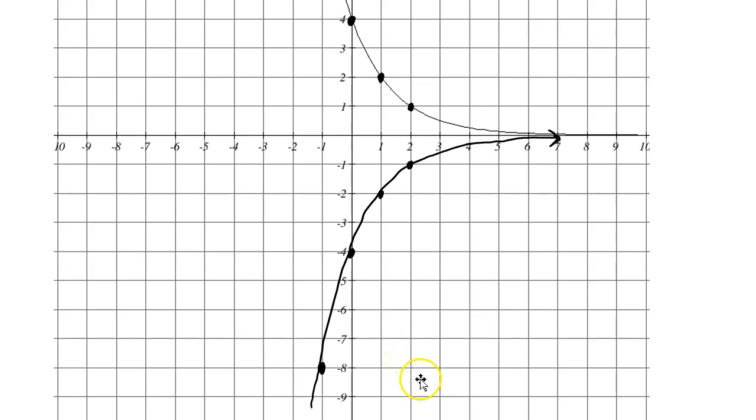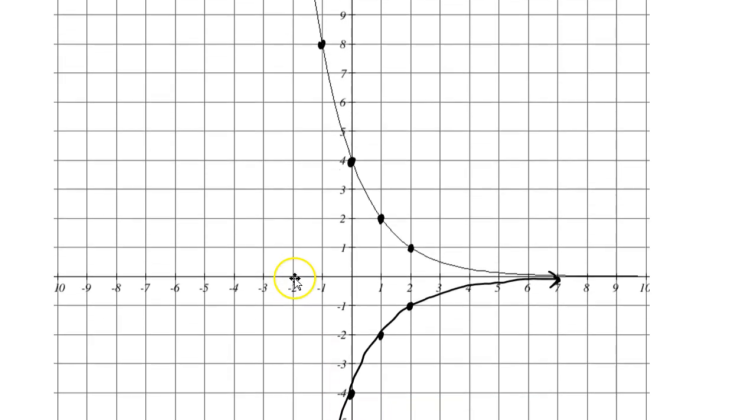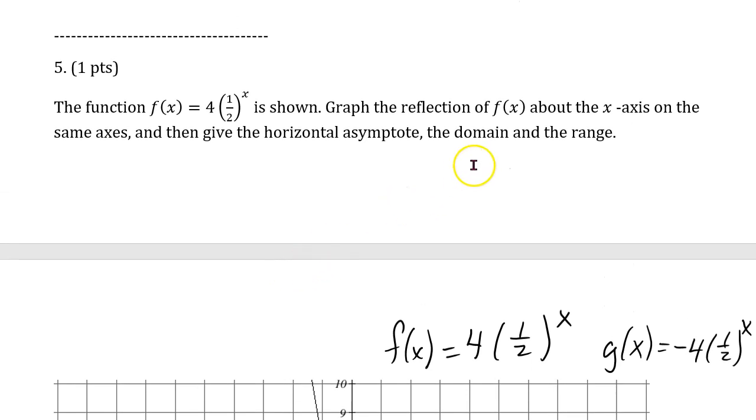Now, as we're looking at this graph and trying to determine what the domain and range will be, for the horizontal asymptote, we're looking for what the graph gets close to but never touches or crosses. For the domain, we want all the values that x takes on, and for the range, all the values that y takes on.